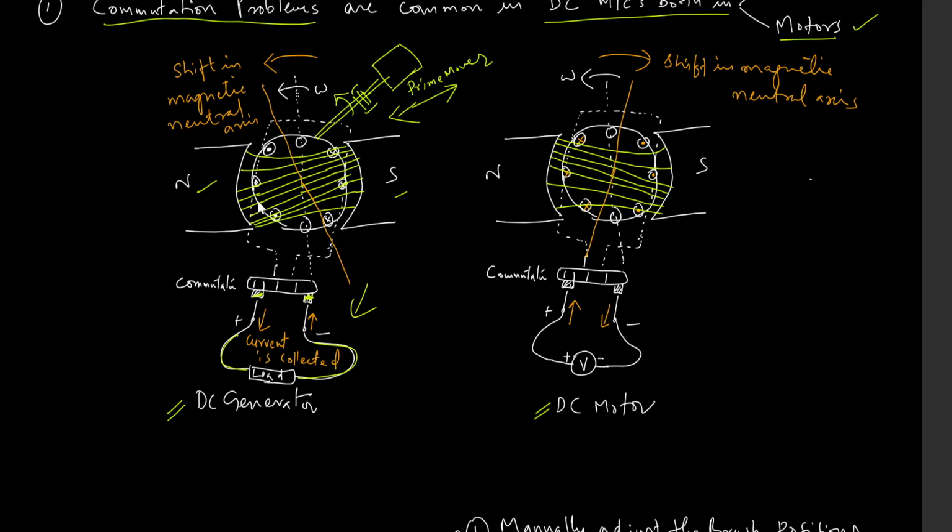In opposition to this, in a DC motor, we feed the armature through a DC electric power supply, and due to this the torque is produced and it rotates.